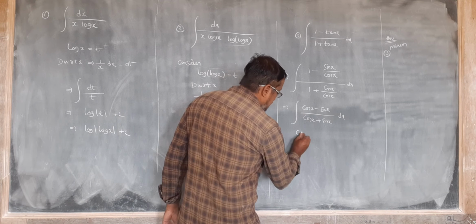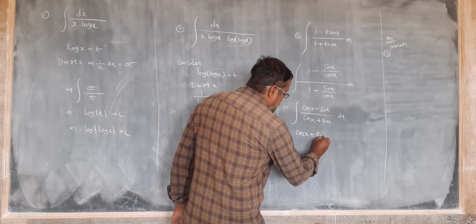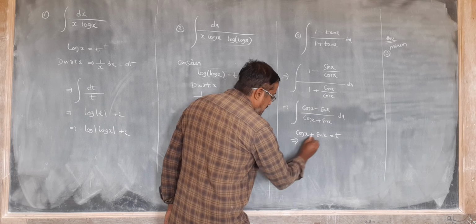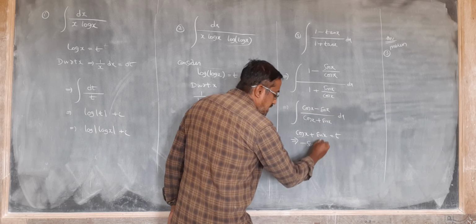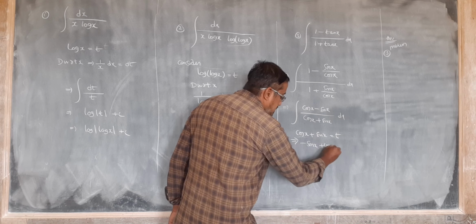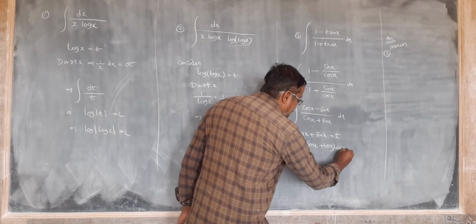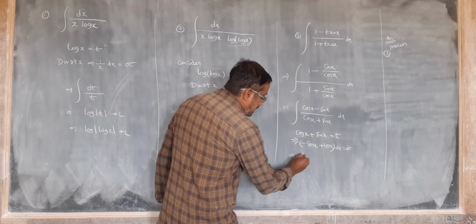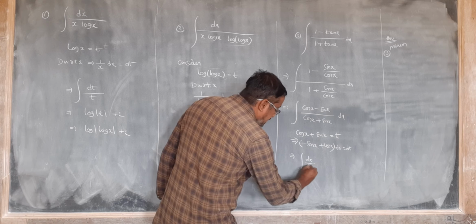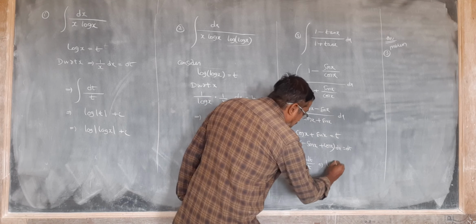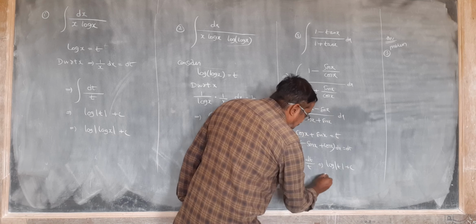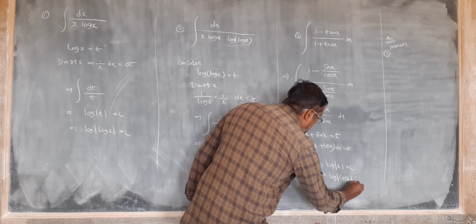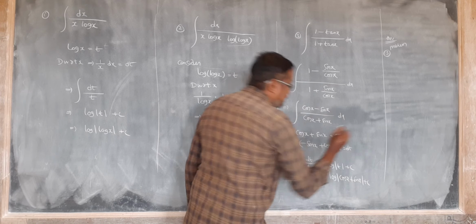Now if you take cos x plus sin x is equal to t, its derivative: the derivative of cos x is minus sin x, the derivative of sin x is cos x, dx is equal to dt. Now you can write the given integral as integral dt by t. The result will be log mod t plus c. So log mod, where t is cos x plus sin x, plus c. That is the result.